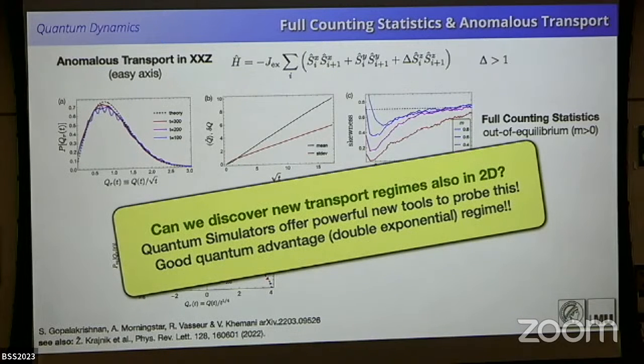And of course, the general question is, can we use this powerful tool to discover new regimes of quantum transport in these systems? Yes. You were saying you can get the counting statistics. How does this work? Do you have software that scans these images? Absolutely, we're not counting by hand.